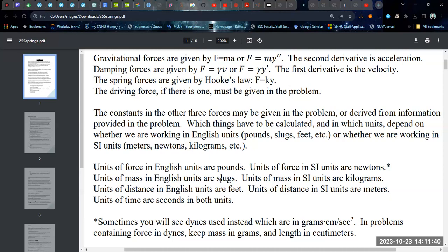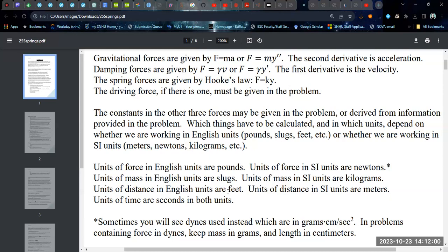Mass in English units is called slugs, and you typically have to solve for these from the pounds, the weight, using Earth gravity. Units of mass in SI units are kilograms. If you want force, you typically have to employ gravity to get to newtons.